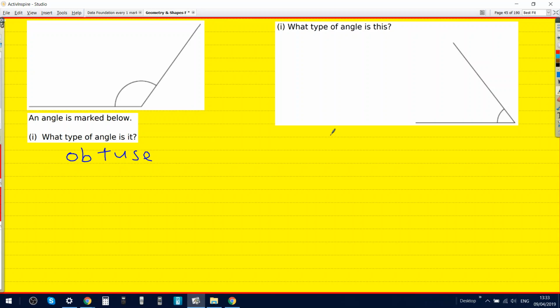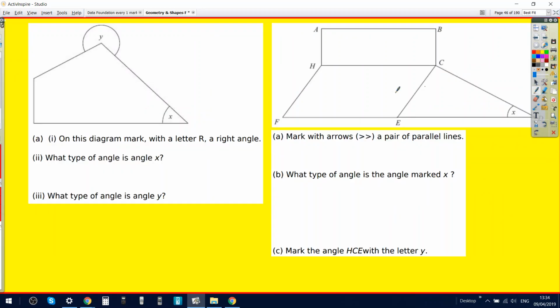Not an acute. I've forgotten. Yeah, acute, right? So it's acute because it's small. And then you already know obtuse.